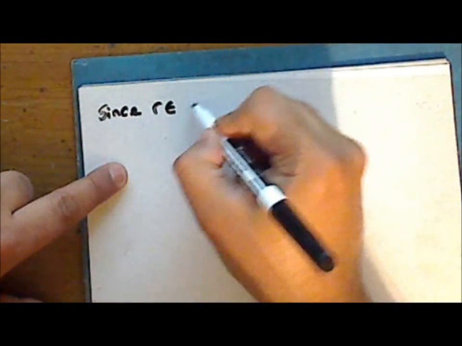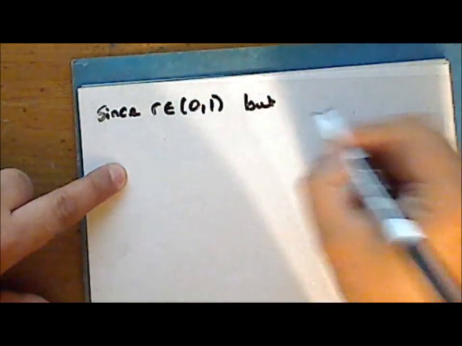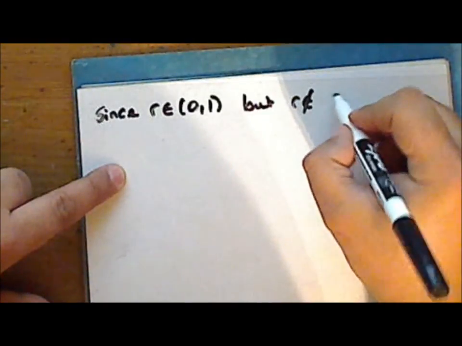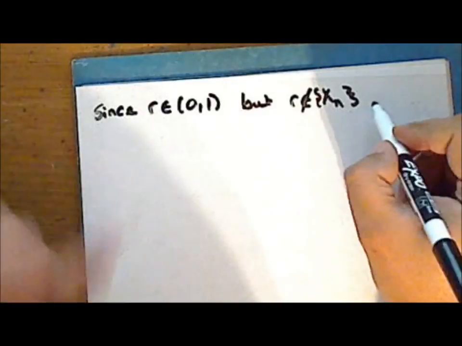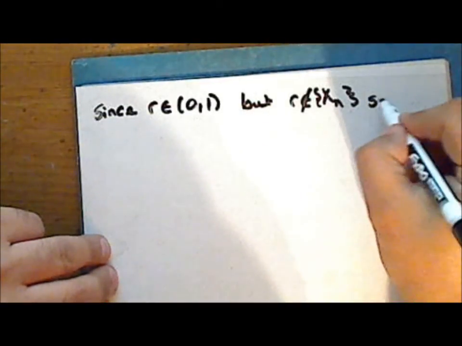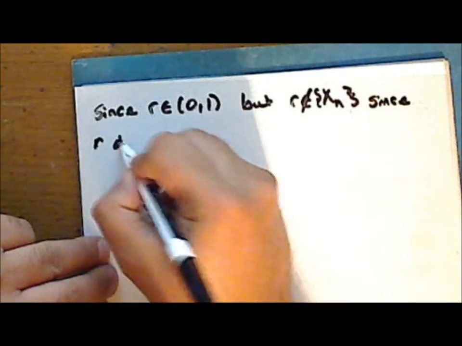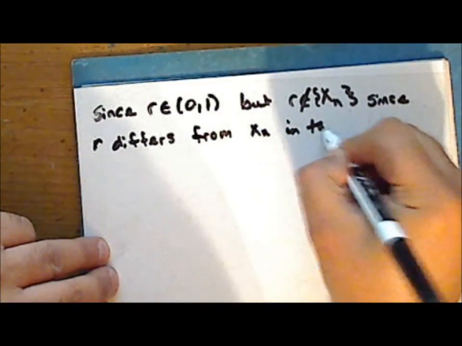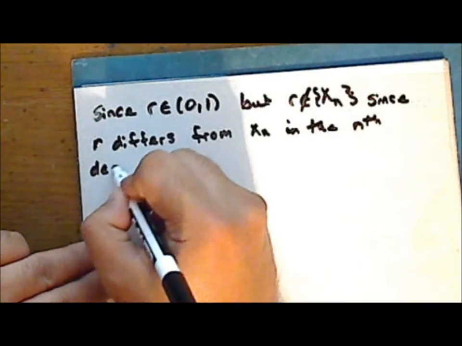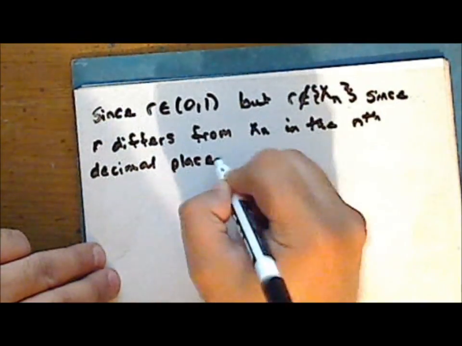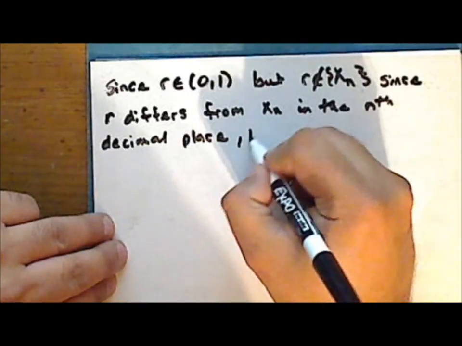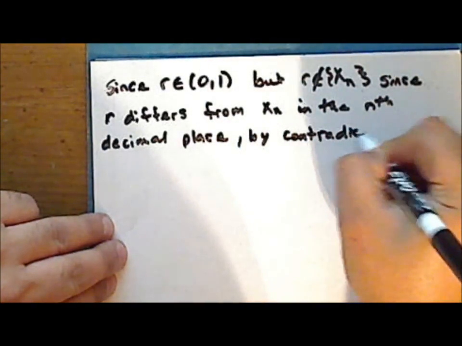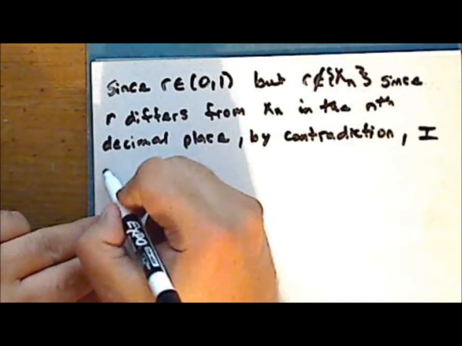So since we have this real number R, which is in the open interval from 0 to 1, but this number is not in the countable sequence, and again, this is since the real number R differs from any of the numbers in the sequence x sub n in the nth decimal place, we have by contradiction that the open interval from 0 to 1 is not countable.